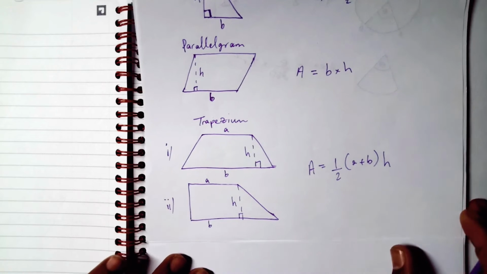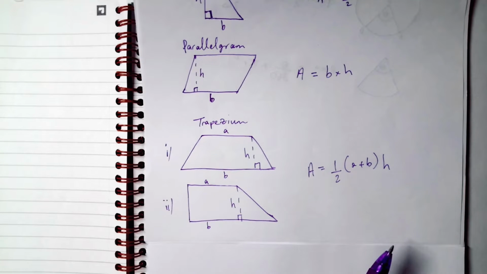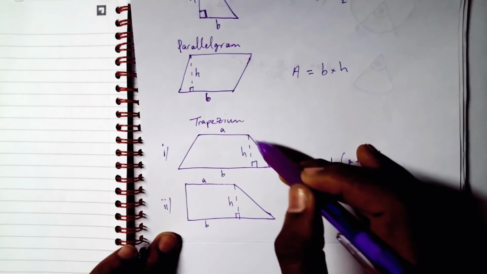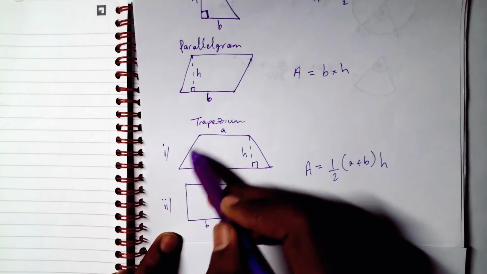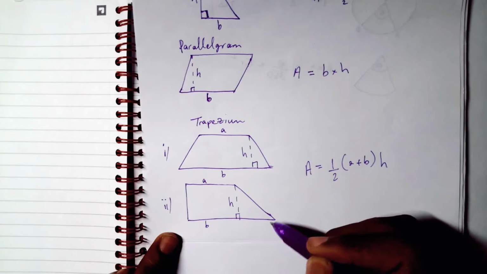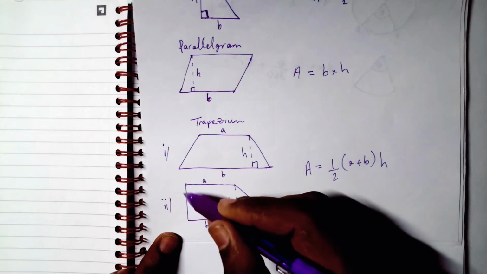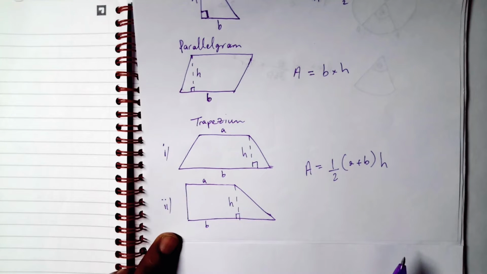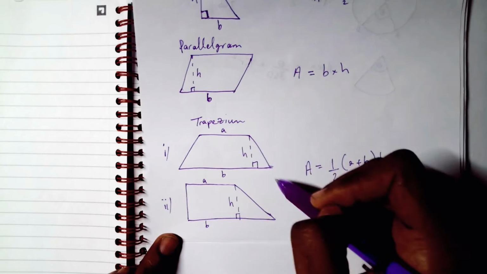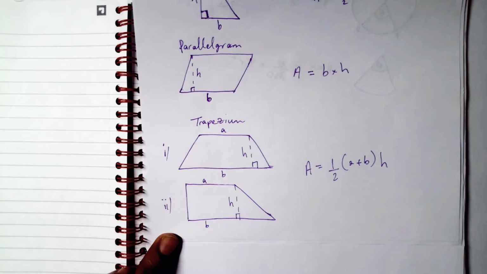So a trapezium can be drawn two ways. It can be drawn with two slant sides, like this, slant side over here, slant side over here, or just one slant side with a straight side on one side. The formula remains the same.